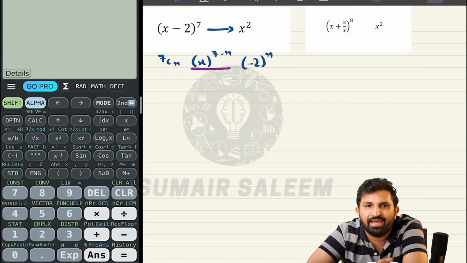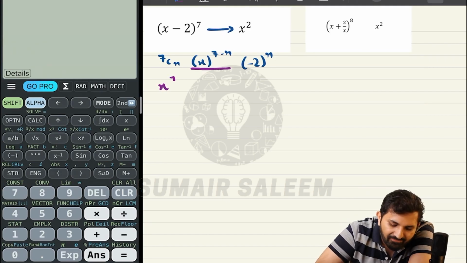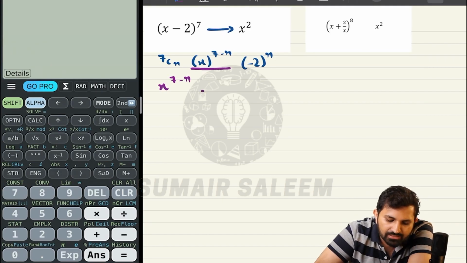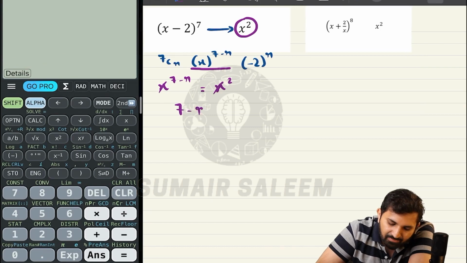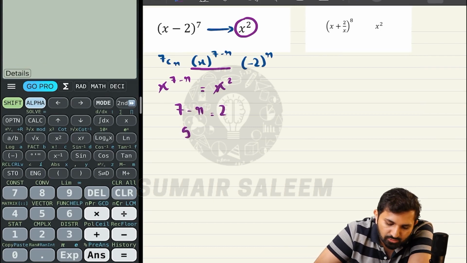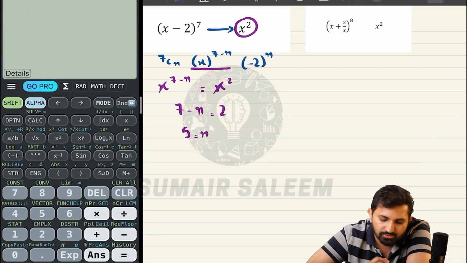What's the power of x? It's 7 minus r. And what's required to you guys? x square. So can you cancel x and x? Yes. So it's going to be guys 7 minus r is equal to 2.